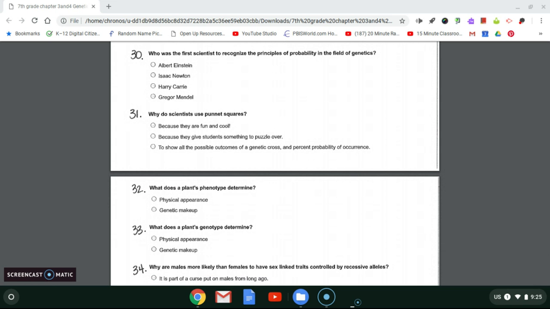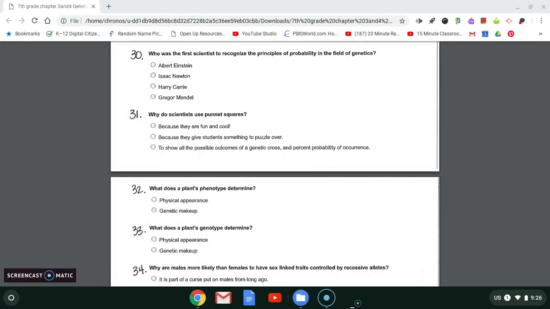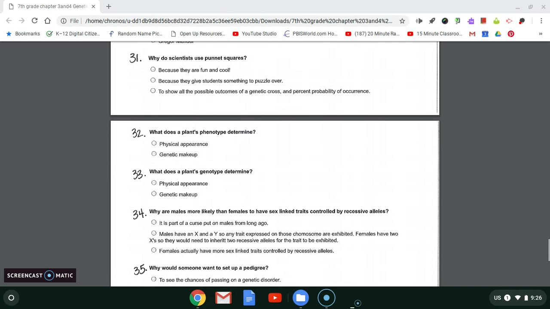Number 30. Who was the first scientist to recognize the principles of probability in the field of genetics? Albert Einstein, Isaac Newton, Harry Carey, or Gregor Mendel? Number 31. Why do scientists use Punnett squares?